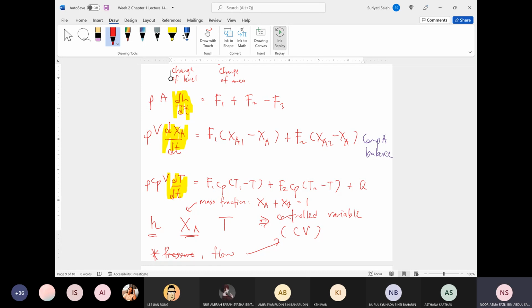So when we control XA, it will automatically, indirectly control XB, where XB equals 1 minus XA. So we control XA, automatically you get XB. So the answer is we don't need to control XB because it has been directly controlled when we put XA as our control variable.